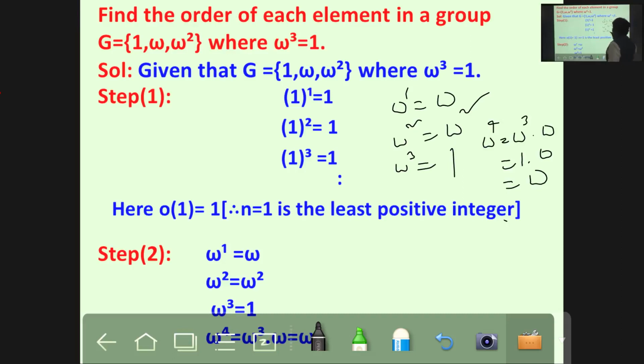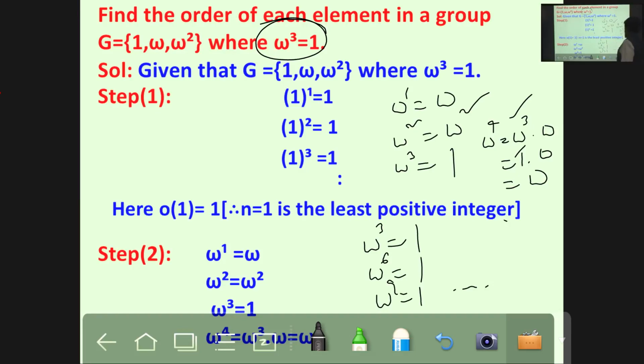So here omega cube equals 1. By observation omega cube is 1. Similarly, by observation omega power 6 equals 1, omega power 9 equals 1, and so on.